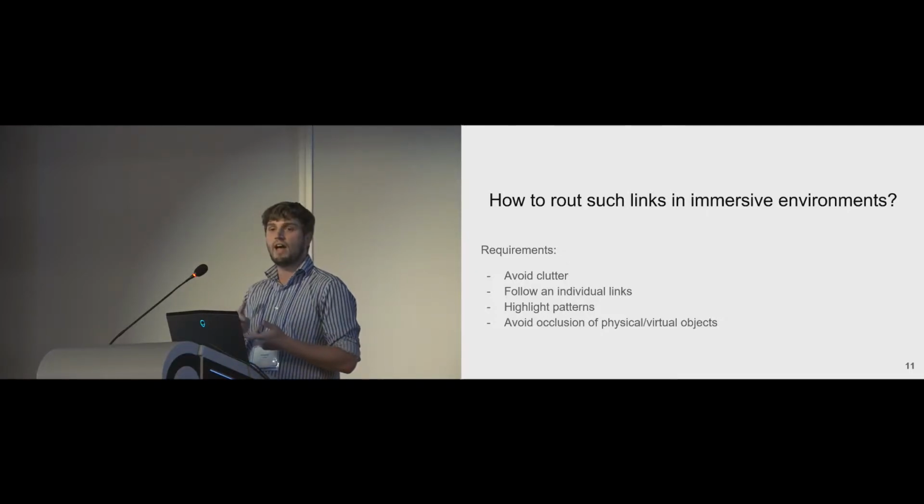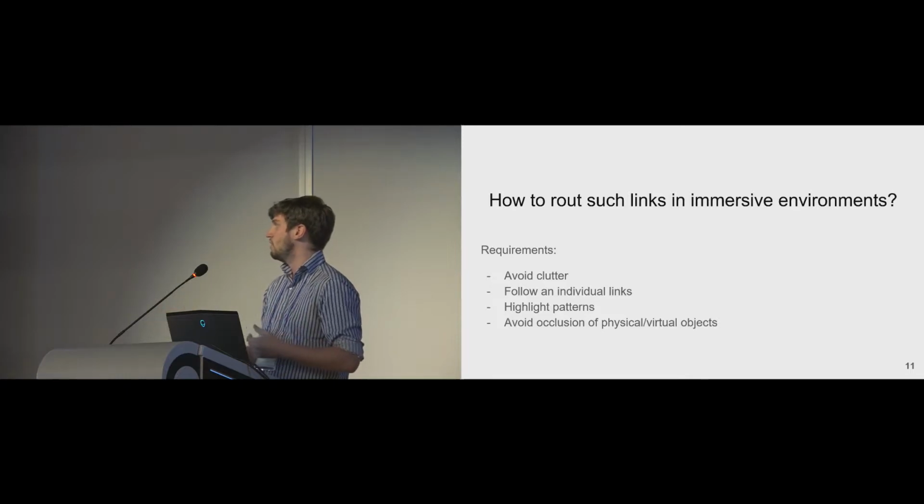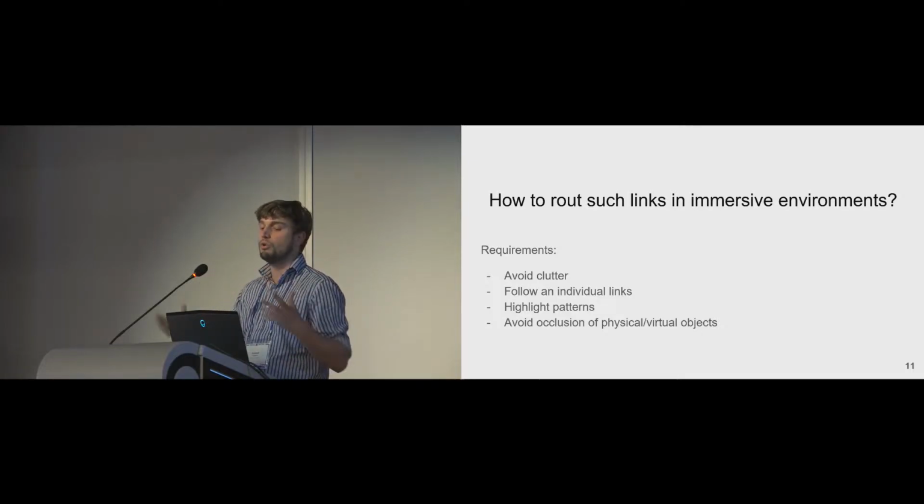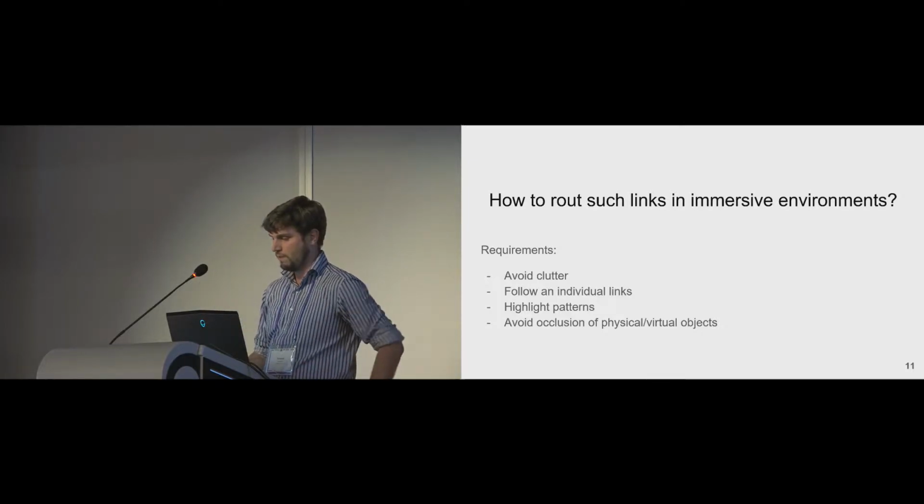Our requirements are to avoid clutter, but also to allow the following of individual links, or on the contrary, to highlight general patterns in the structure of the visual links. And because we are in an immersive environment, we want links to avoid occluding physical or virtual objects.